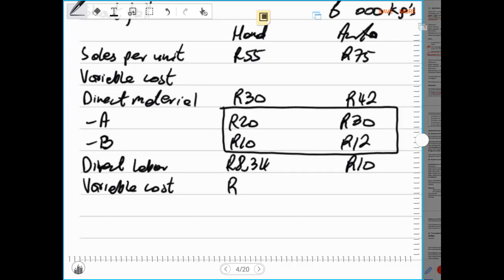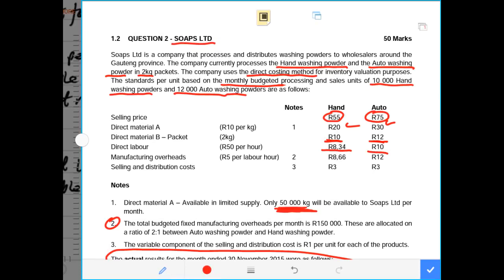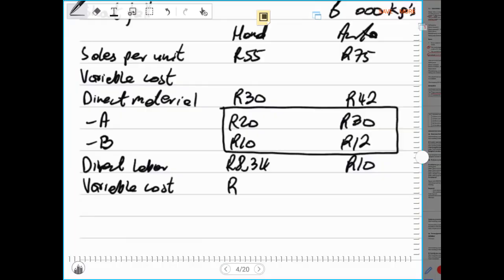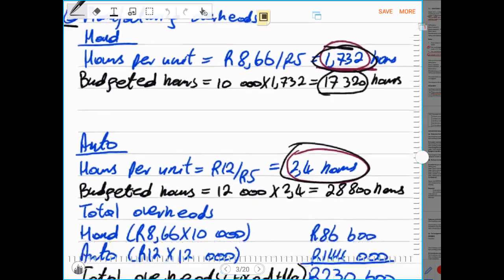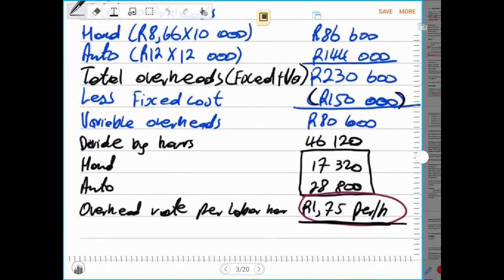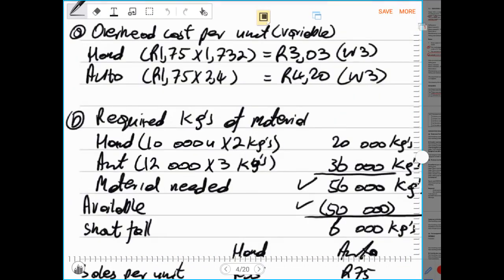Then we know that our variable cost, which is variable manufacturing overheads, we calculated that to be 3 Rand 3 cents, and let me confirm, we had 3 Rand 3 cents.